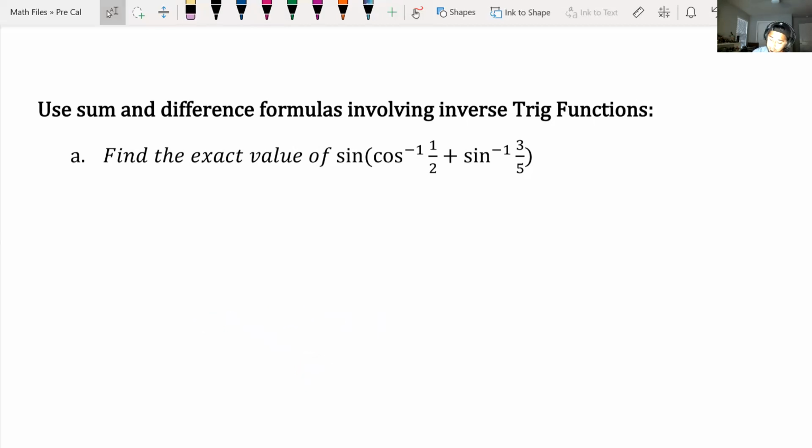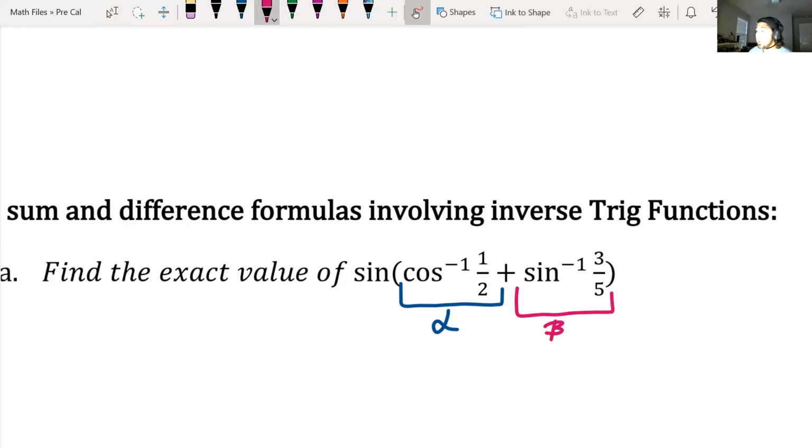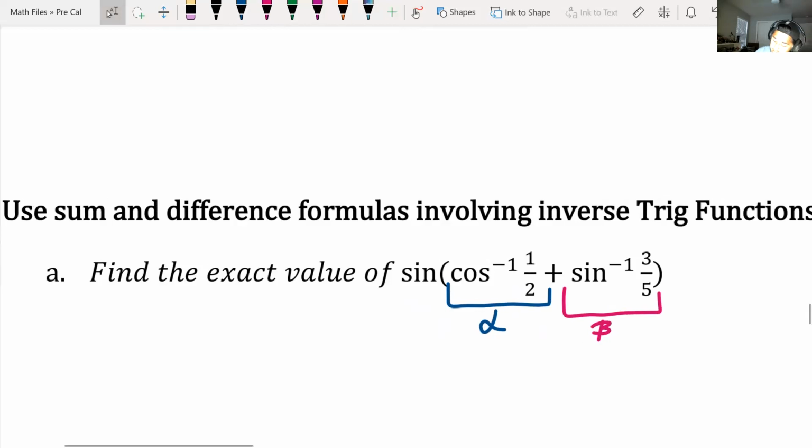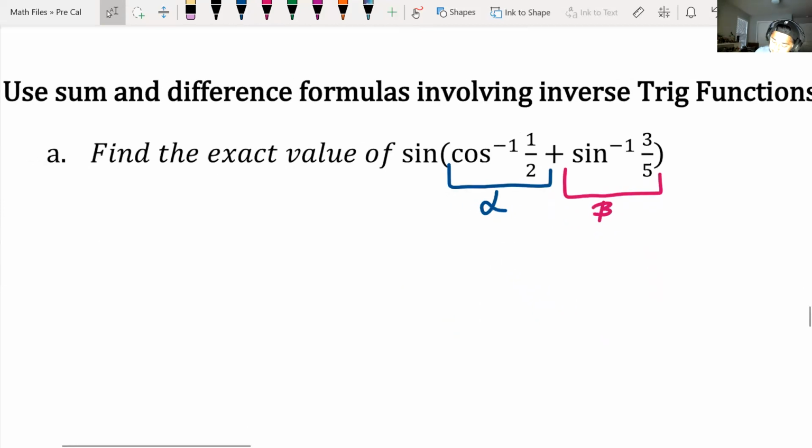So what we're going to do is let alpha equal the inverse cosine and let beta equal the inverse sine. And we are now going to make unit circles for each of these functions to find out the values of alpha and beta. So here we go.